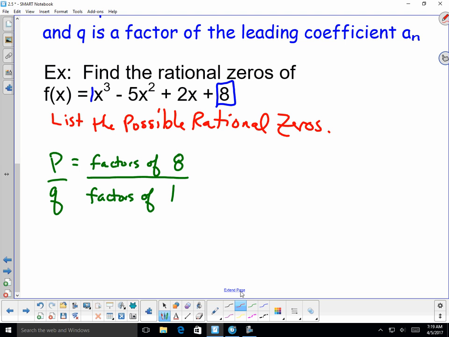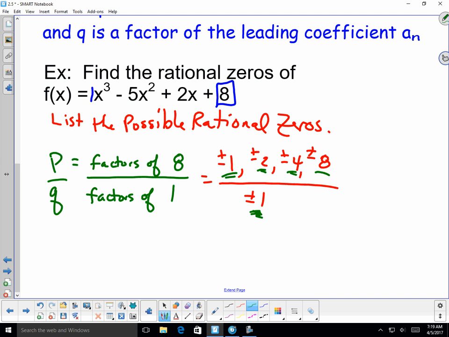All right, so our factors of 8 would be 1, 2, 4, and 8, but don't forget we could have negatives of those. We need a plus or minus in front of each of those. And our factors of 1, well, that would just be plus or minus 1. So at this point, you need to find every combination of numerator over denominator. So that's going to be 1 over 1, 2 over 1, 4 over 1, 8 over 1, and so on.